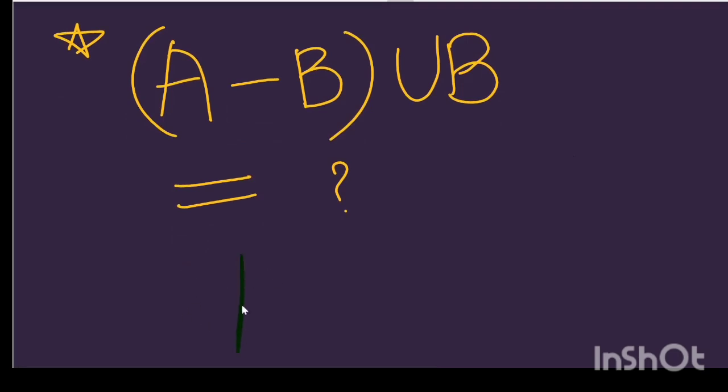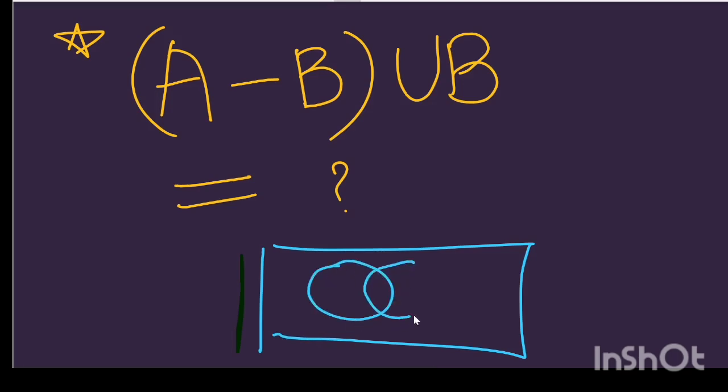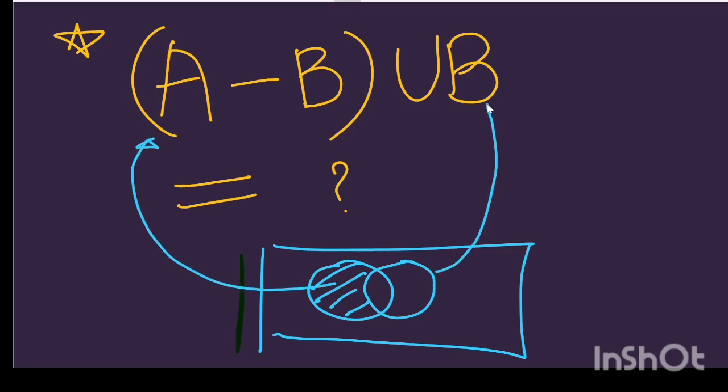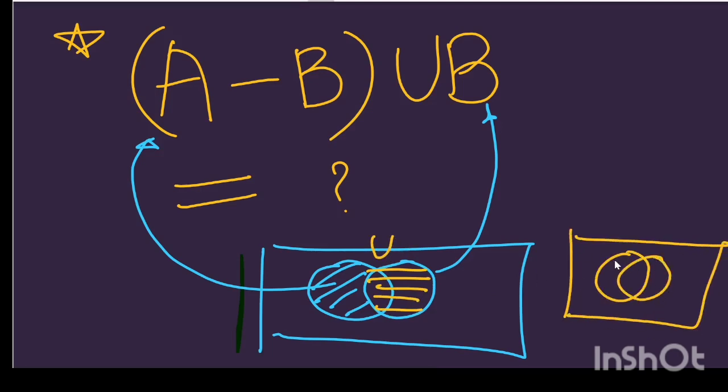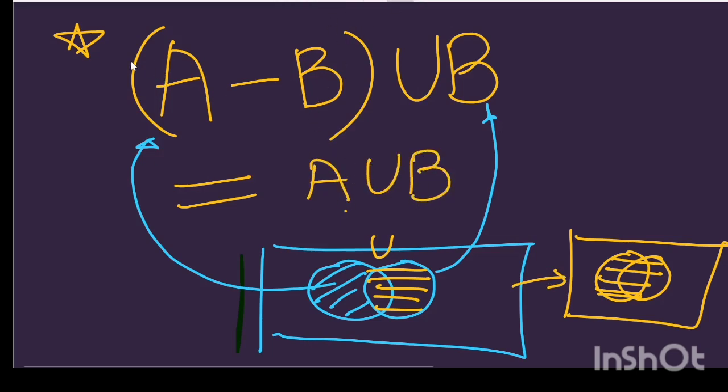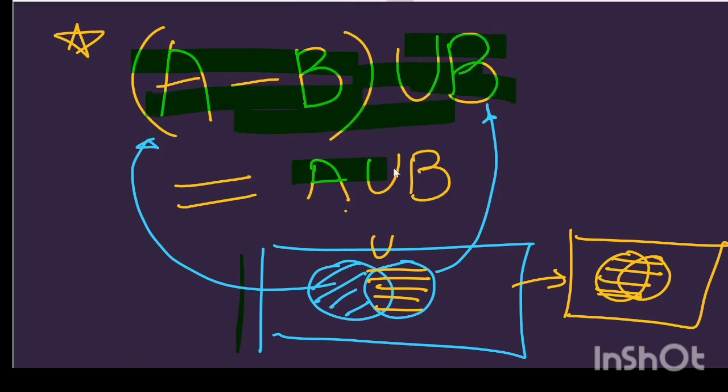A minus B is this, and this is B. If you take the union of these two, what we will get would be something like this, which we know is A union B, guys. So A minus B union B is A union B.